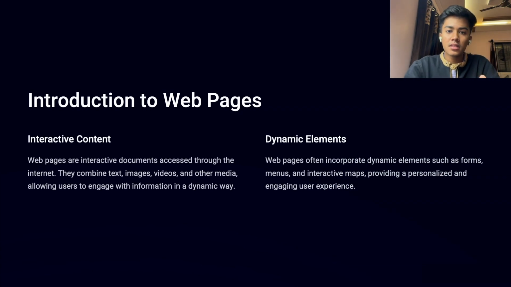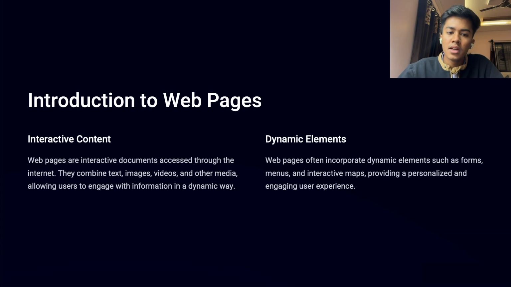So let's start with a simple question. What are web pages? A web page is a digital document accessed through the internet using a web browser. But web pages today are much more than just plain text. They combine various types of media to make them rich and engaging.